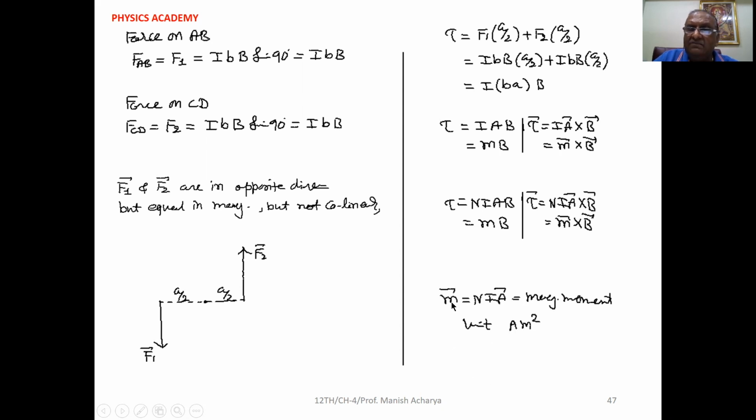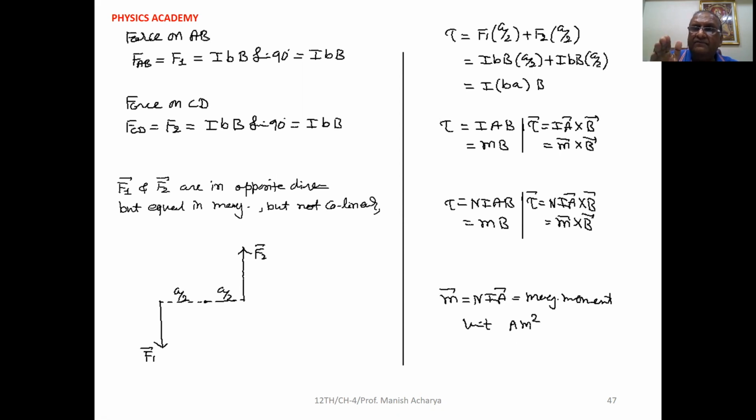So magnetic moment, that is NIA, its unit is ampere into meter square, and its direction is in the direction of area vector, and area vector we have to represent perpendicular to the surface, right?